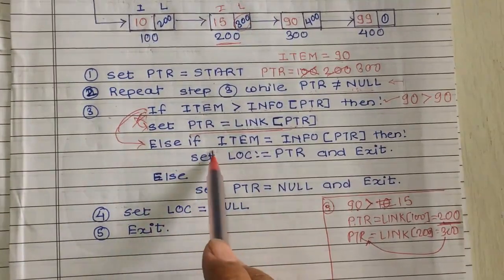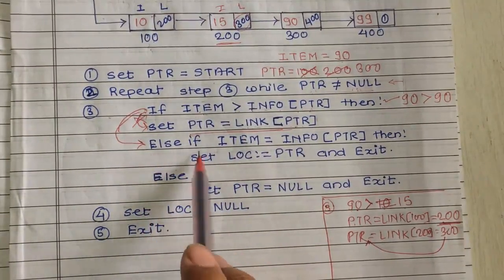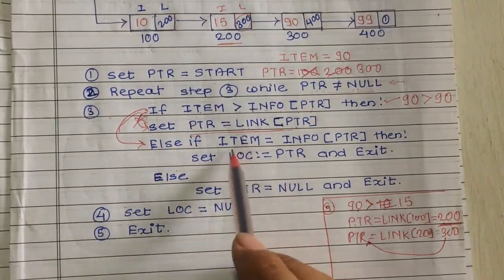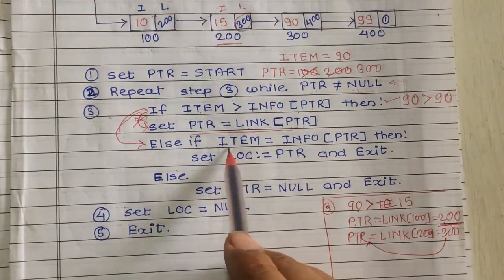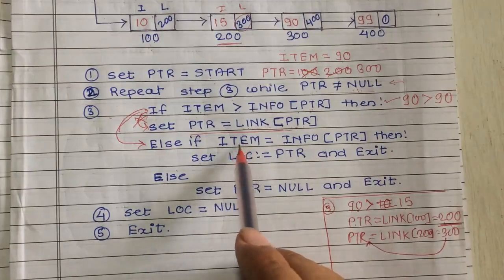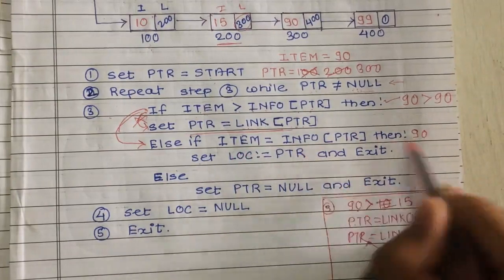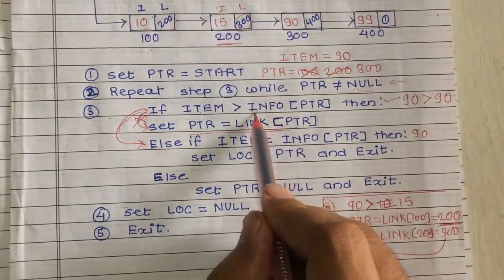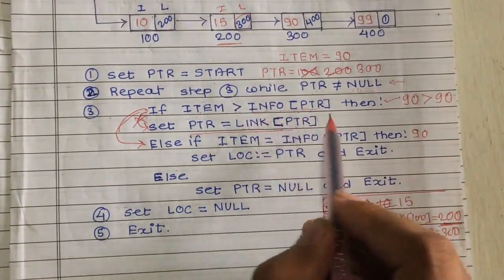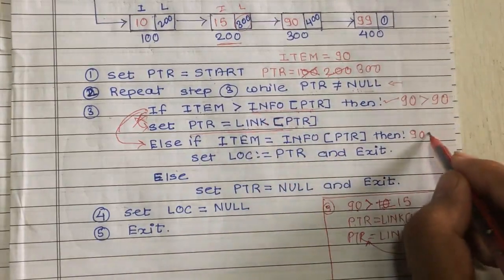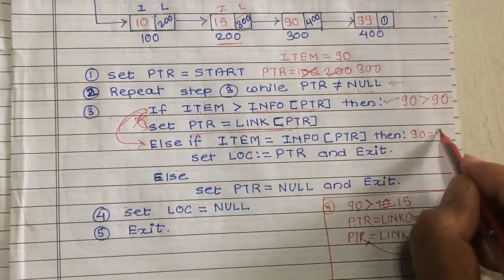So what is there in the else part? Simple. In the else part, we have simply compared item with the info of PTR. Here the value of item is equal to 90 and the info of PTR, we have already got the value from here, is 90.